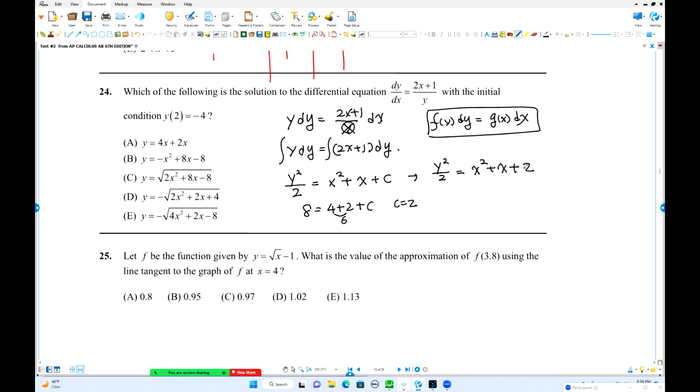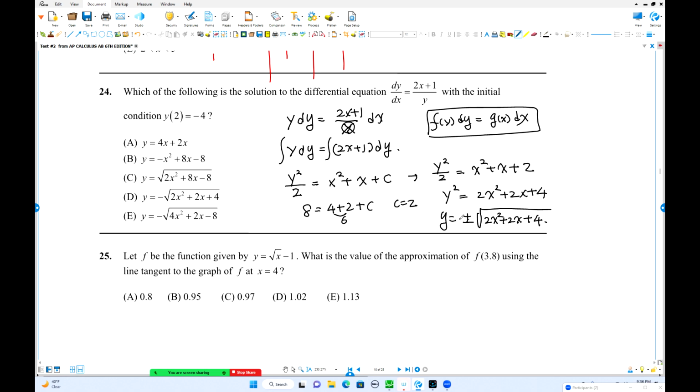Now we're going to express y in terms of x. Times 2 on both sides, we got y squared equals 2x squared plus 2x plus 4. So y is plus or minus the square root of 2x squared plus 2x plus 4. But with plus or minus, can we take both? No, we can't. We have to check the initial condition one more time. When x is 2, y is negative 4.